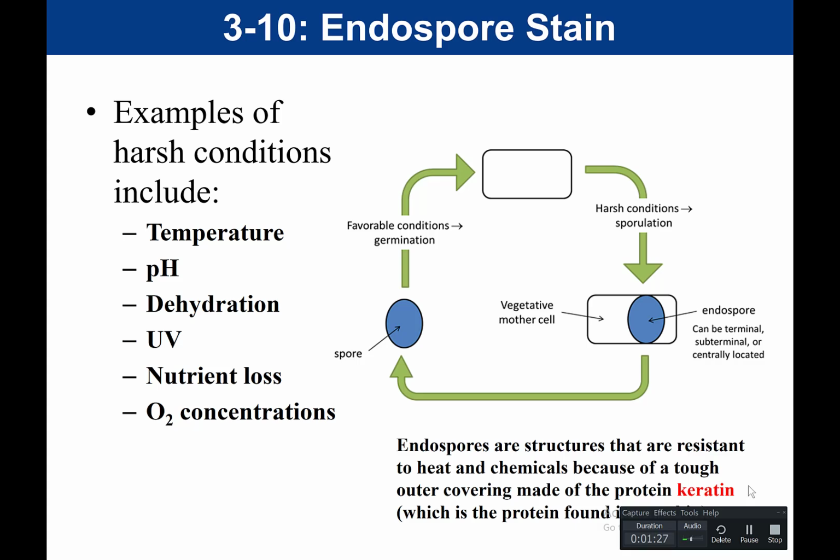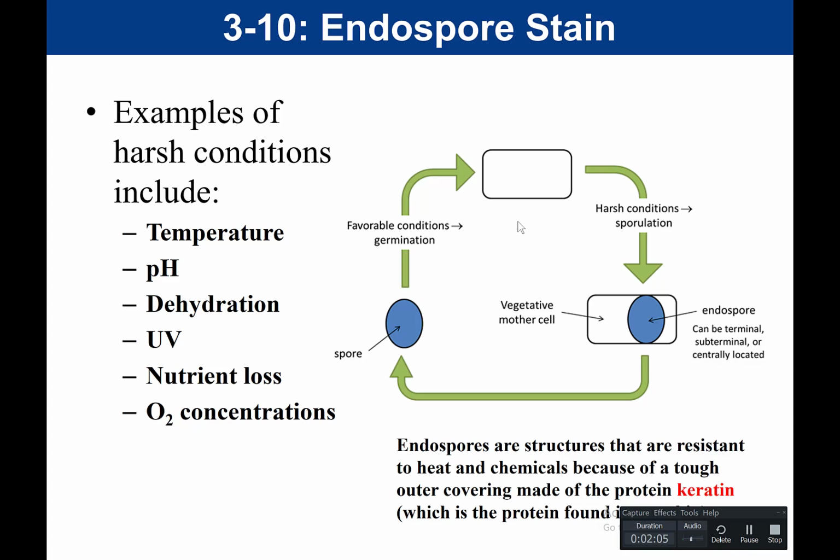They're very heat resistant, resistant to chemicals, etc. So you want to know what endospores are made of and what types of conditions would cause bacteria to form endospores. You want to know that eventually the vegetative mother cell will break down. It will give rise to a spore, and then when conditions become favorable, the bacteria will undergo germination and will go back to being a vegetative cell. And this cell is the one that's metabolically active. It's the one that's actively dividing.